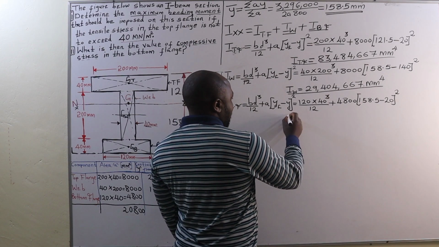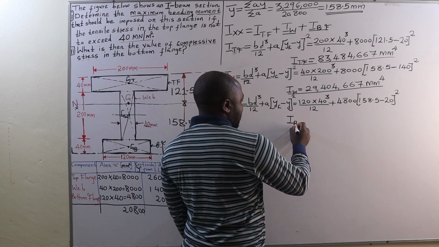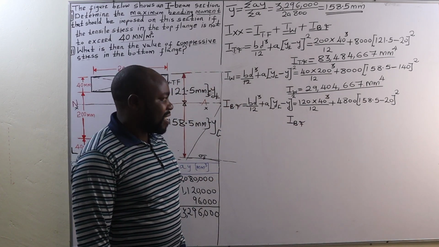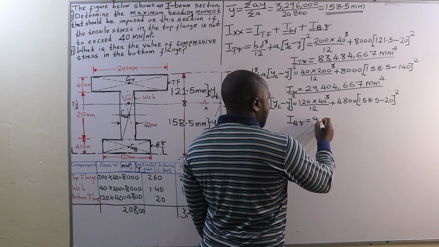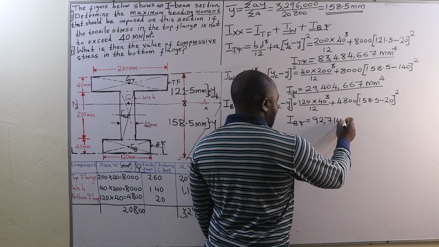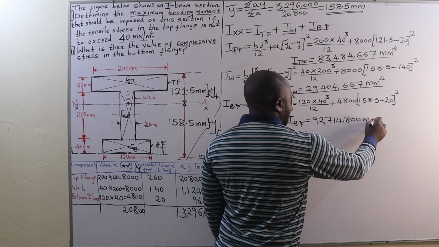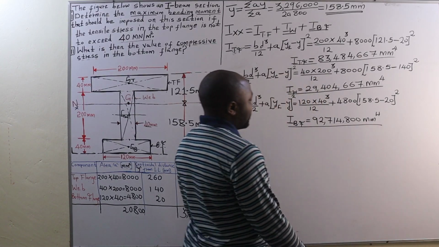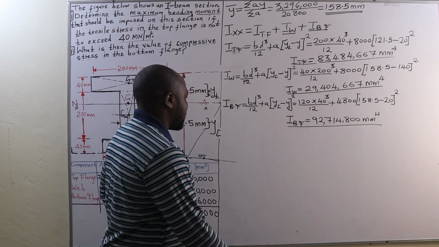Now, that is going to give us the moment of inertia of the bottom flange about the neutral axis being 92,714,800 millimeters raised to the power of 4. Therefore, that is the moment of inertia of the bottom flange about the neutral axis.